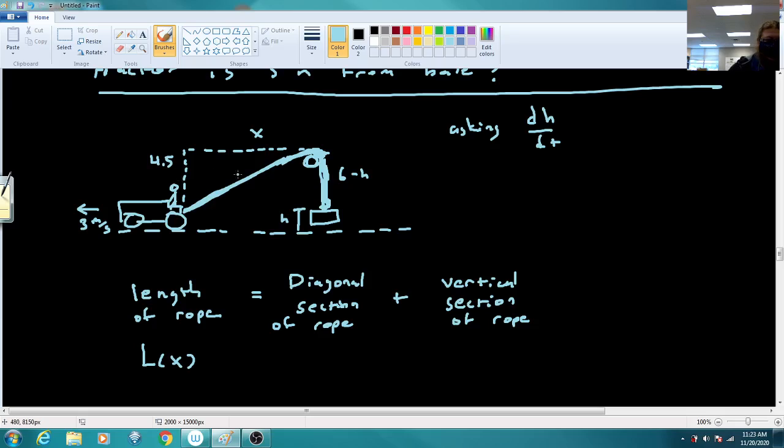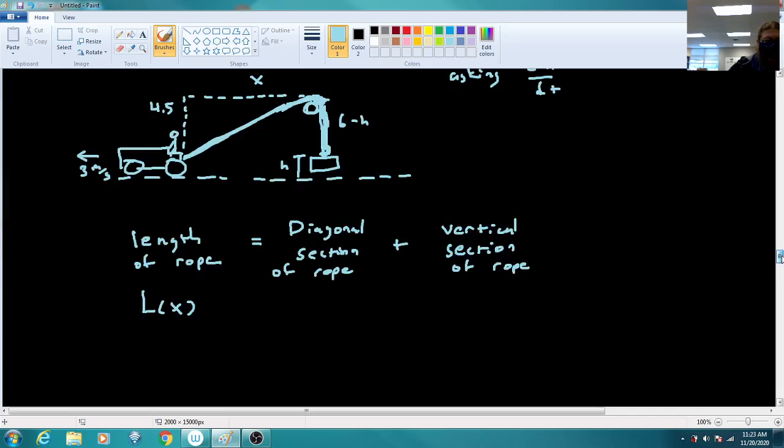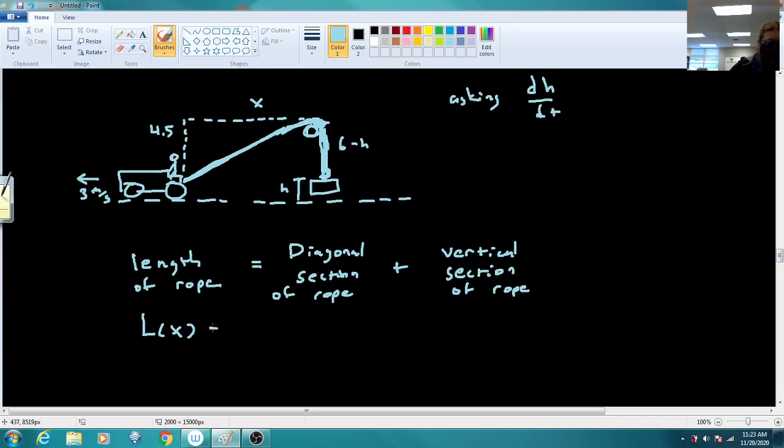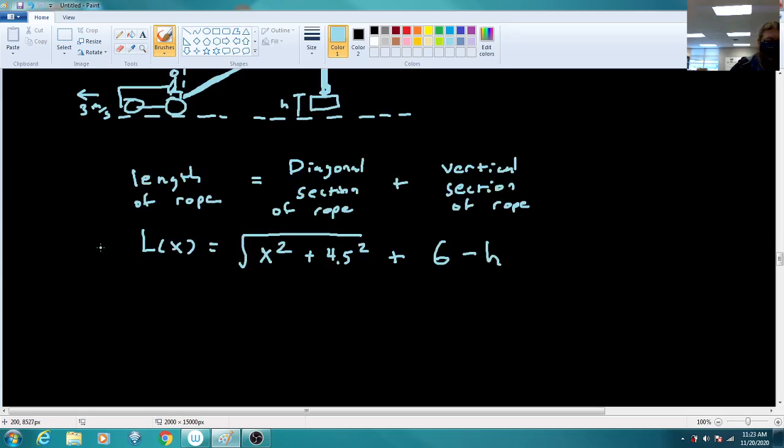The diagonal section, we can get using the Pythagorean theorem. So that equals the square root of x squared plus 4.5 squared. And then we add the vertical section of rope, which is length 6 minus h. So this is our length equation.